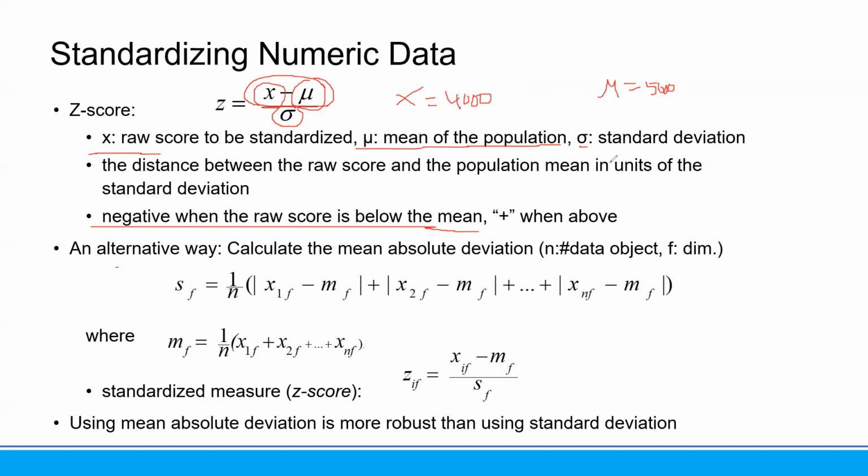So if it is negative, what happens? It depends on your needs. What do you want to analyze? If you do not want to have negative values, like 4,000 minus 5,000, which is of course negative, then there is another alternative way.